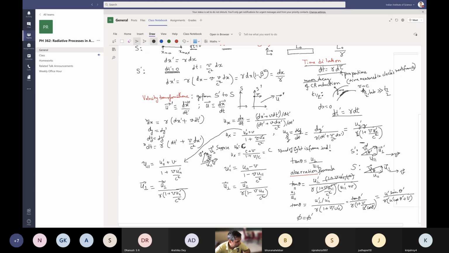So this is the aberration formula. Tan theta is equal to this.